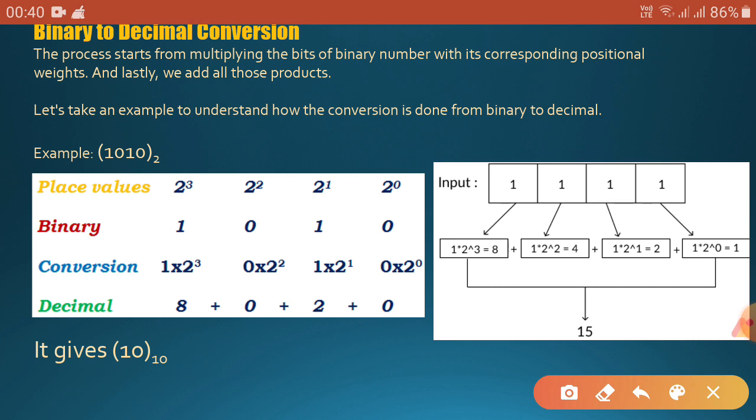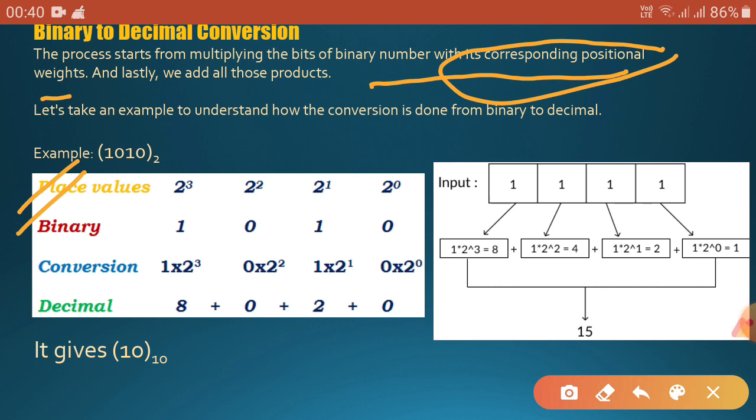In this process we have to know the place values of binary numbers. The process starts from multiplying the bits of the binary number with its corresponding positional weights, and lastly we add all those products. Now we are taking a simple example.